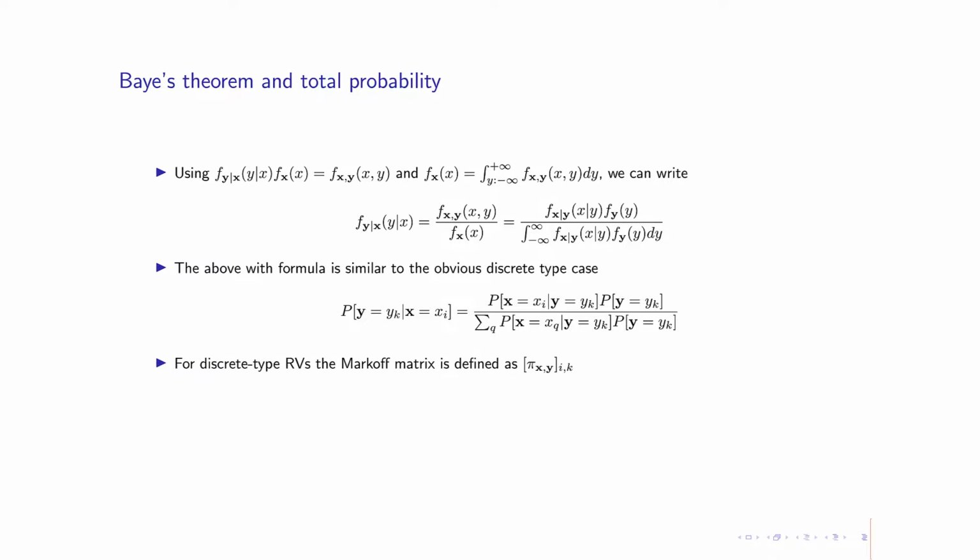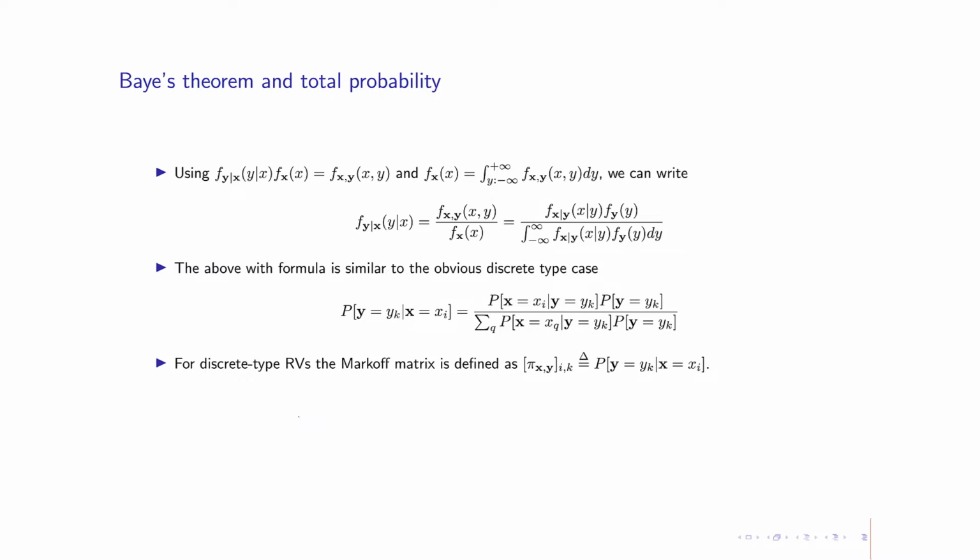what we want. So for discrete type random variables, you could define a Markov matrix, which is this conditional probability, or you could say that this is the transition probability.